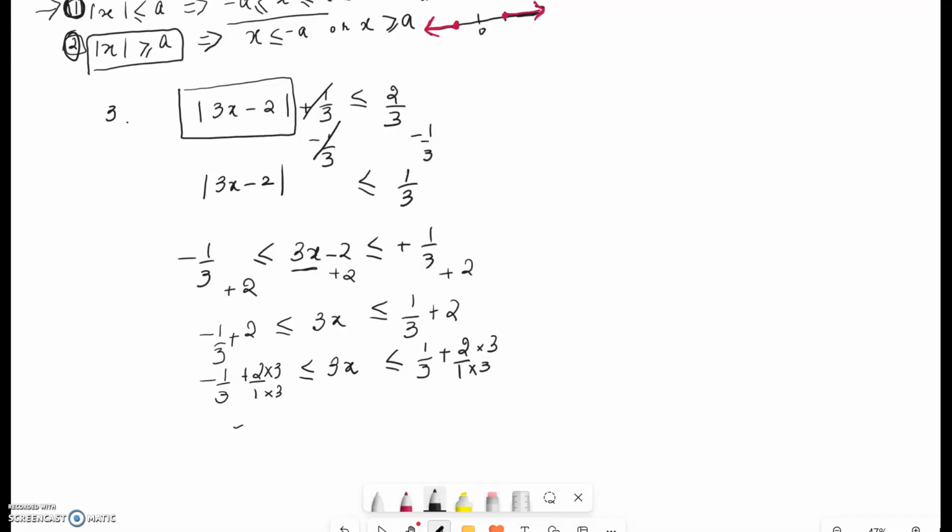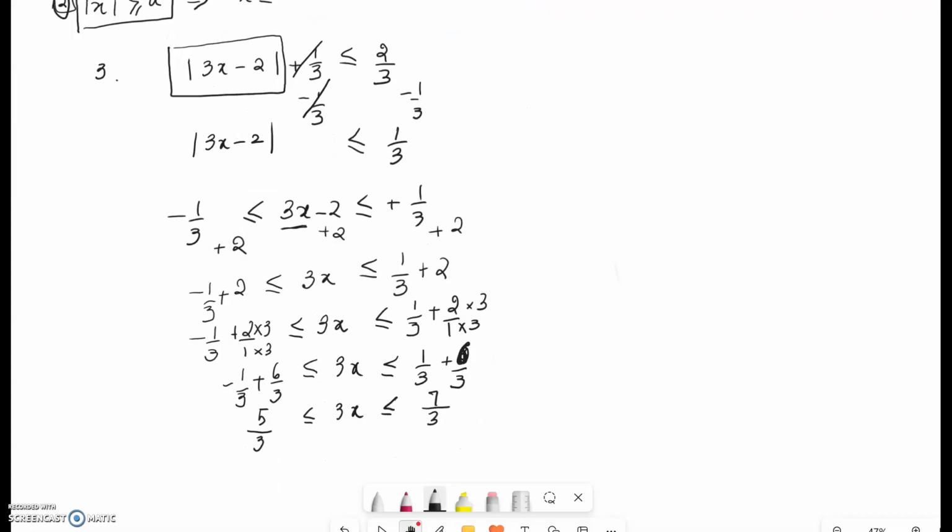So we have negative 1/3 plus 6/3 is less than or equal to 3x is less than or equal to, and remember you can use your calculators for this, 1/3 plus 6/3. Common denominator of 3, 6 minus 1 is 5, less than or equal to 3x is less than or equal to common denominator of 3, 6 plus 1 is 7.